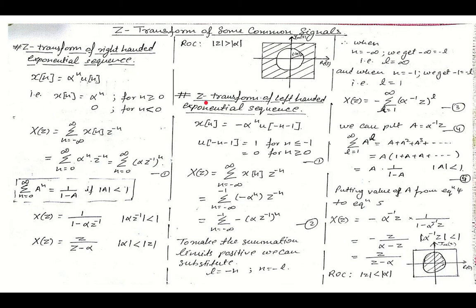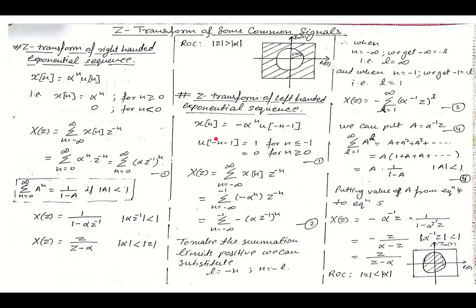Next we check the Z transform of left-handed exponential sequence. This type of sequence is also considered to be an anti-causal sequence. Here the signal x[n] is given to us as minus alpha to the power n u[minus n minus 1].